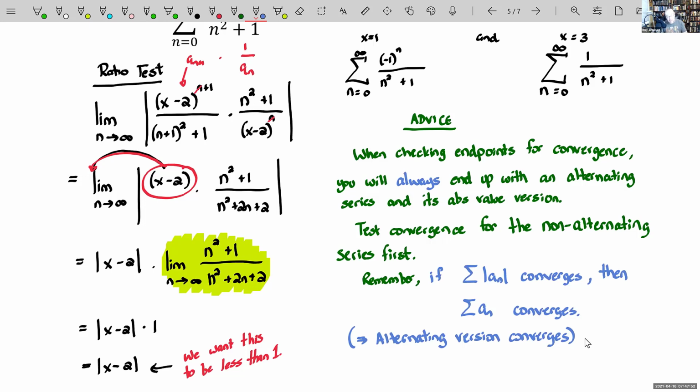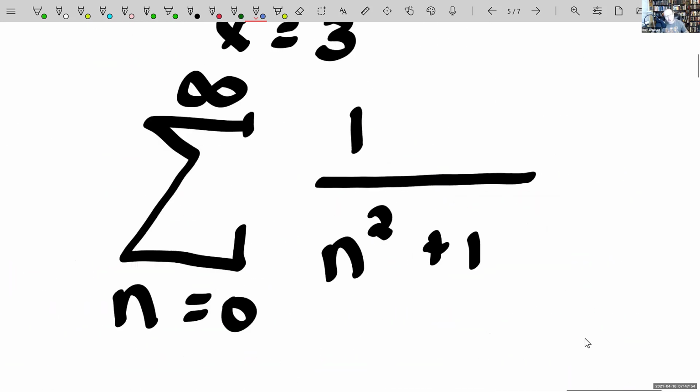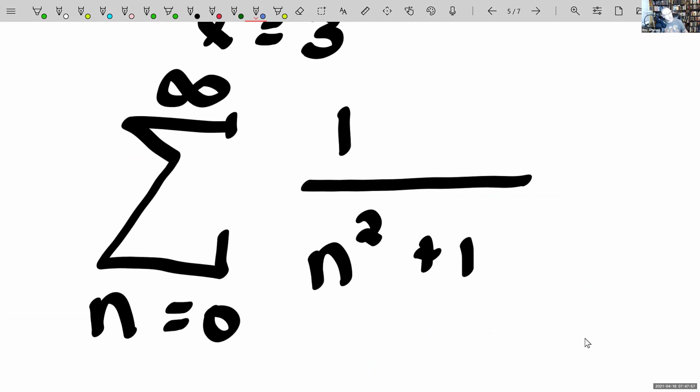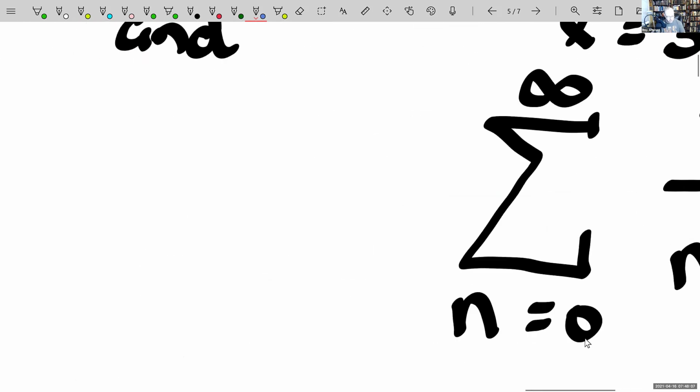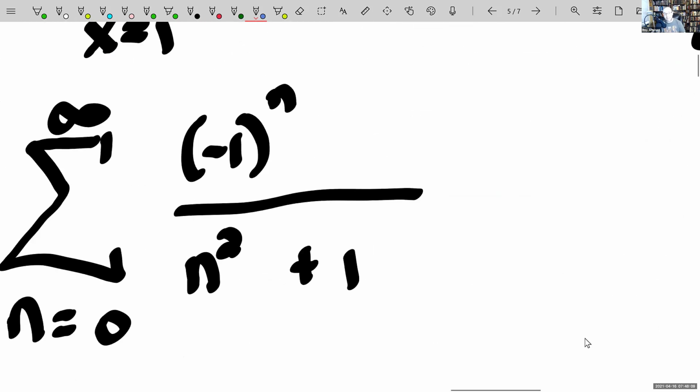Now, when you go to find the convergence or divergence of the non-alternating series and you find out that it diverges, well, then you just have to test the alternating version separately. So in that case, you will have 2 series to test.